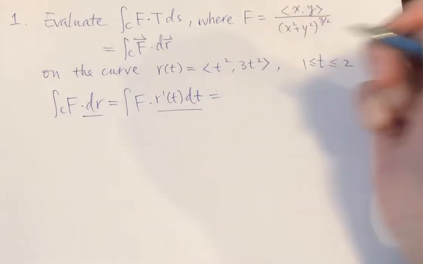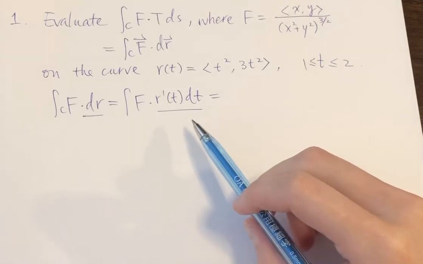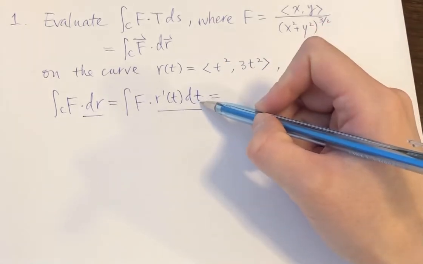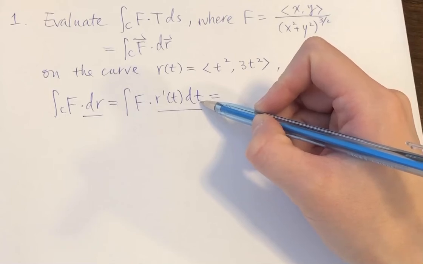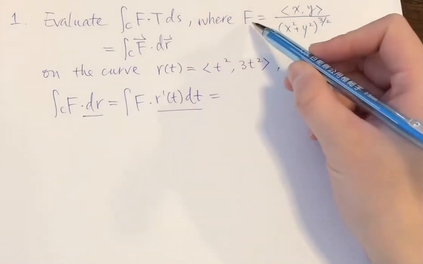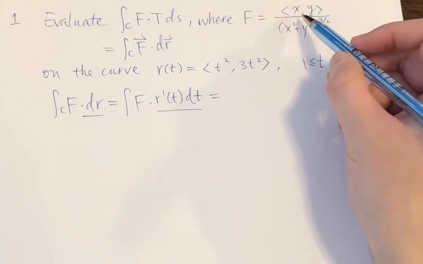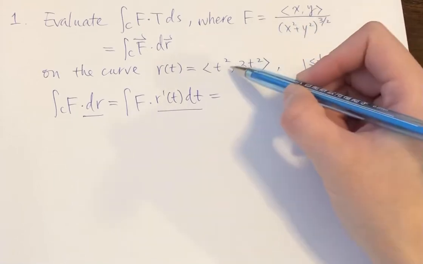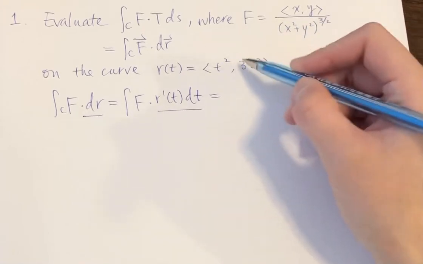So if we use this formula, this dt will remind you that the variable now is t. But for the F, we see that the variables are x and y, which means we need to replace the x and y by things in terms of t.